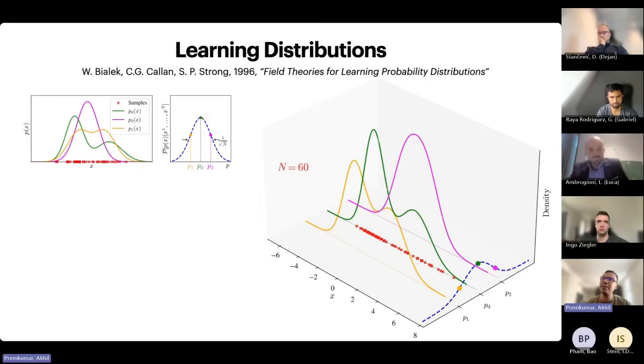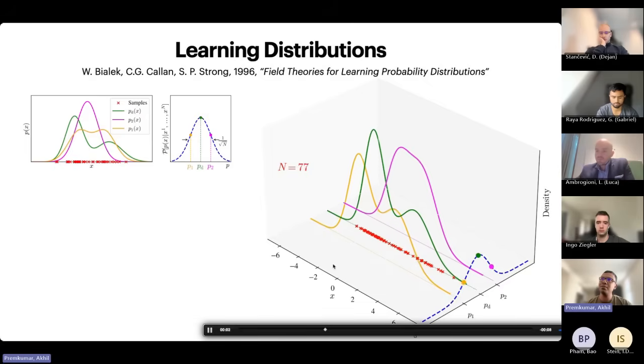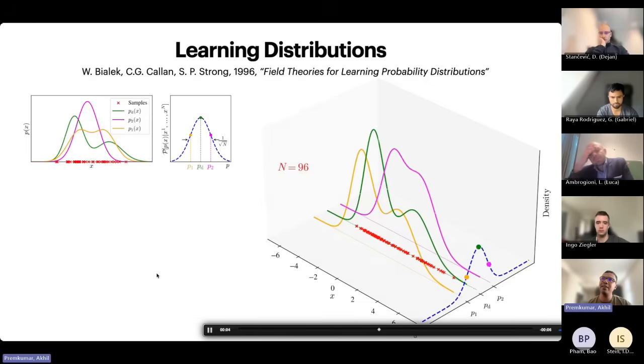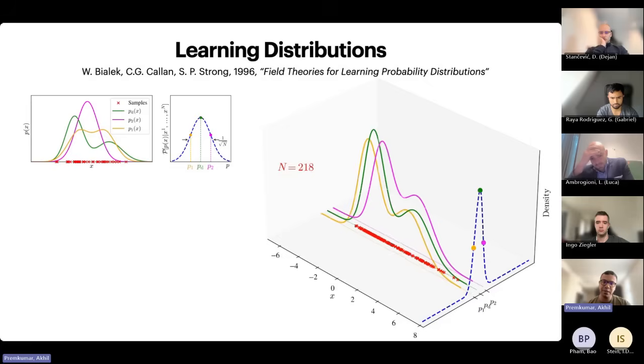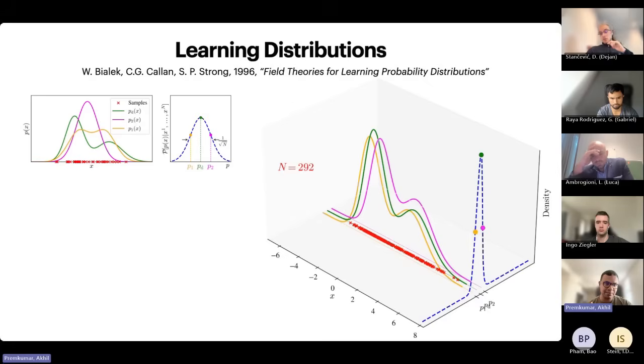So I want you to pay attention to these points here. By the way, can you see my cursor? Okay. I place more and more samples, and you see how the candidate distributions start coalescing onto one another. This should already remind you of what happens in equilibrium statistical mechanics.